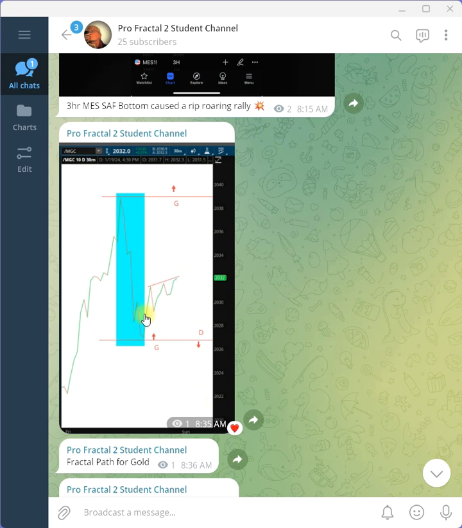However, if this particular decaying fractal decides to grow, okay, the growth fractal here will also grow. And if we go above the top of that fractal here, we'll continue to go up.